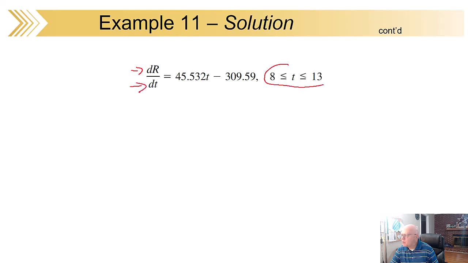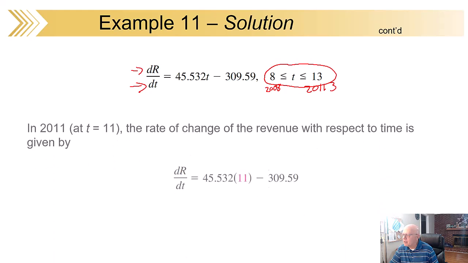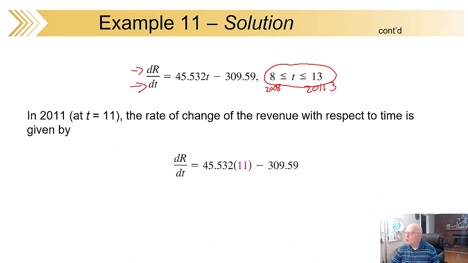In this interval, which remember represents the year 2008 to 2013. All we need to do, we want to find out what it was in 2011. So put 11 in where the t is up here. Put the 11 in there. And there we go.